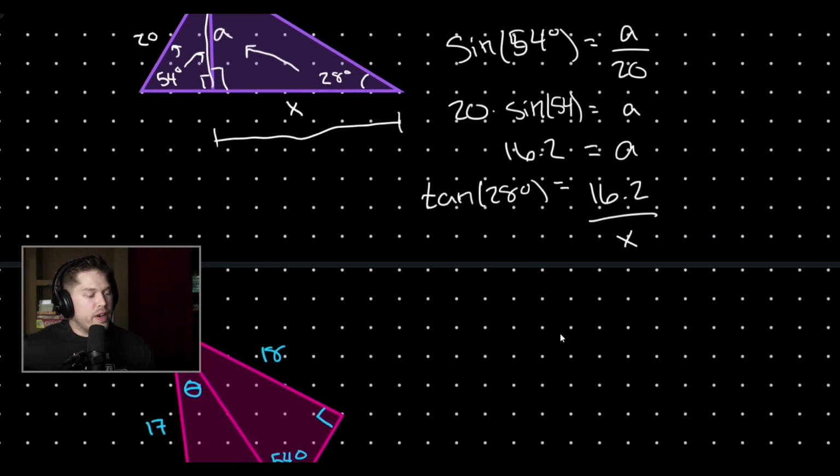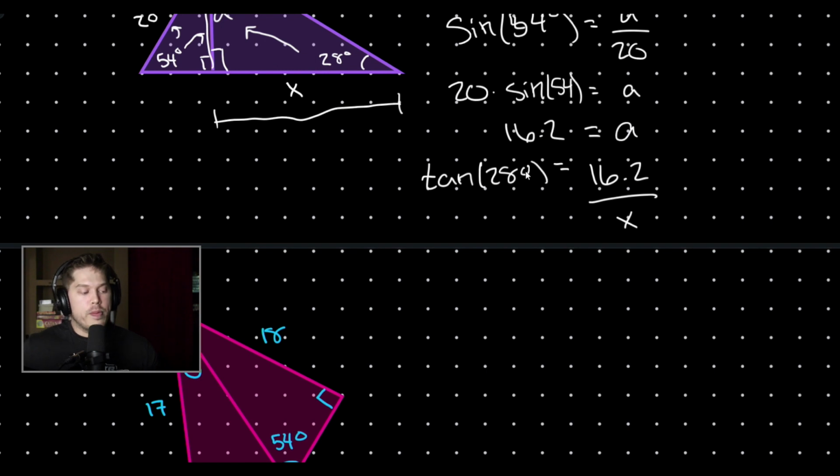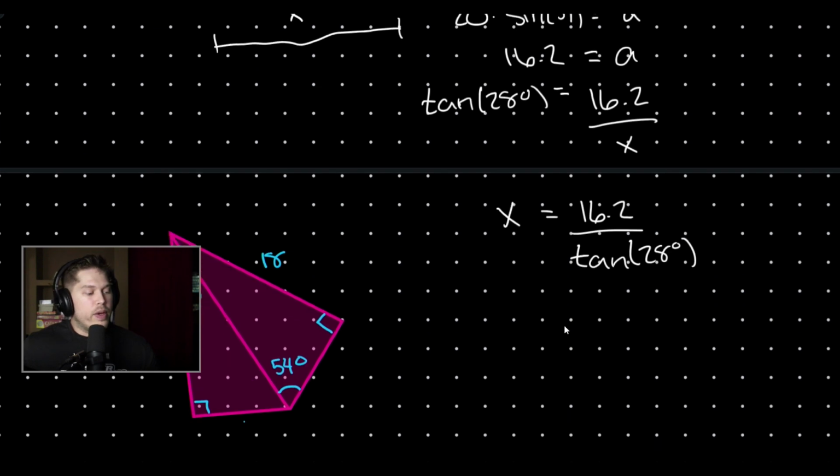Now, to solve for x, what are we going to do? Well, we can multiply both sides by x, then divide by tangent of 28 to get that x is equal to 16.2 divided by the tangent of 28 degrees. And now we can just plug this into our calculator to find our answer.